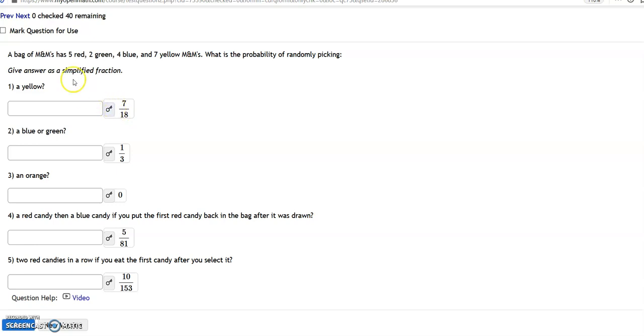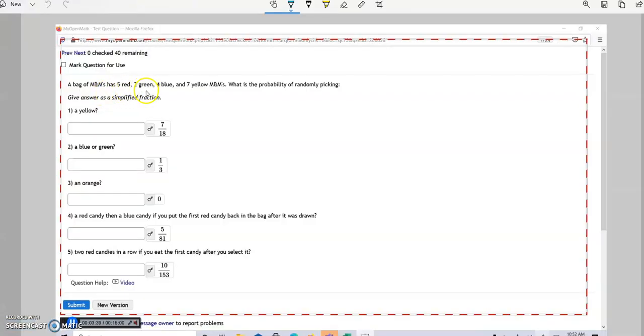Okay, these are fractions, so I've got M&Ms here, and there are 18 total, so yellow is 7 out of 18. Blue or green: you got 2 green, so 6 out of 18, which reduces to 1/3. There are no orange ones up there at all, so 0. A red candy, then a blue candy if you put the red candy back in the bag. So that means a red candy, which is 5 over 18.